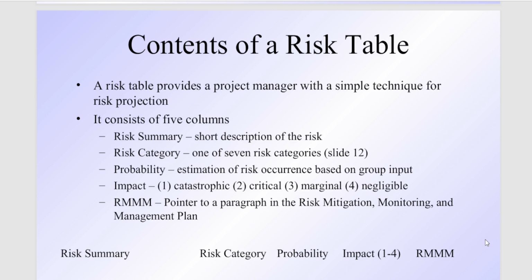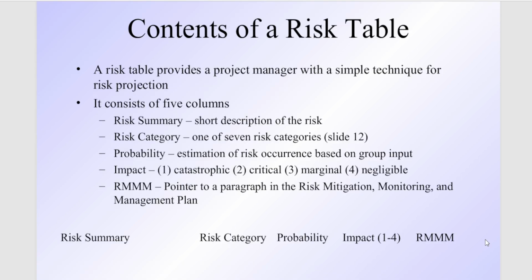We generally create a risk table. Risk tables provide a project manager a simple technique for risk projection, right? From one risk summary table, we can find out what the risk is, a short description of the risk, the risk category, one of the seven categories that we have shown you in the class.